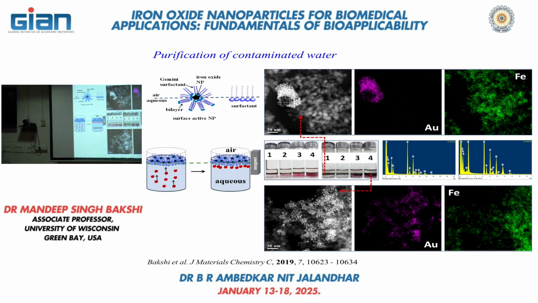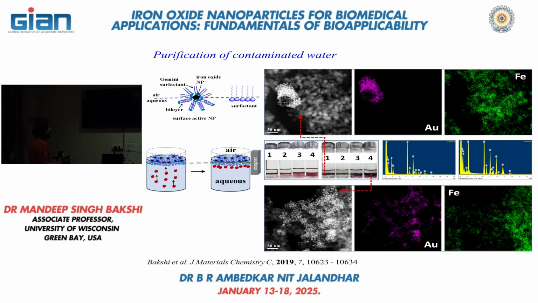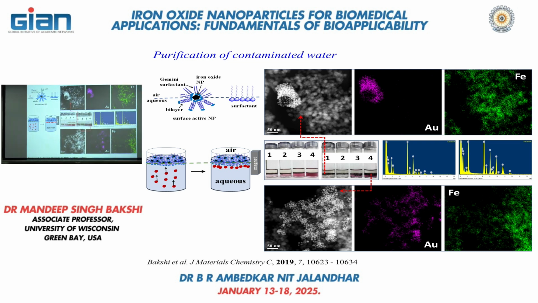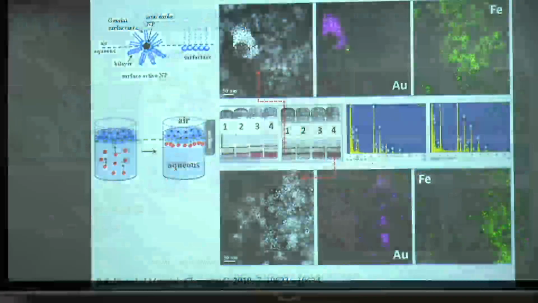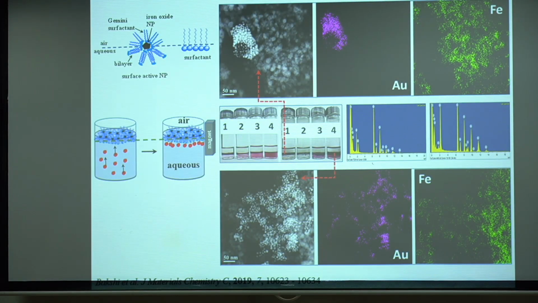See over here. You have low contrast particles, you have very high contrast particles. It means that at least the low contrast particles have a different chemical composition from the high contrast particles. When we perform the mapping, here we call it EDS, energy dispersive spectroscopy.